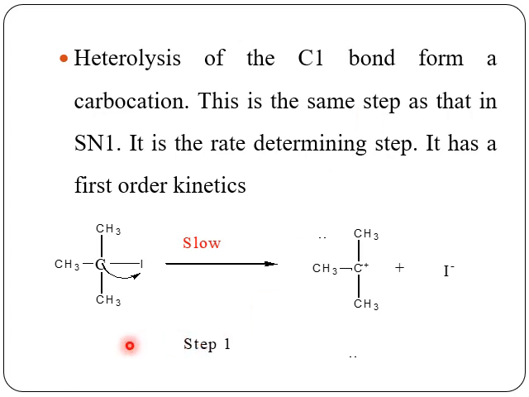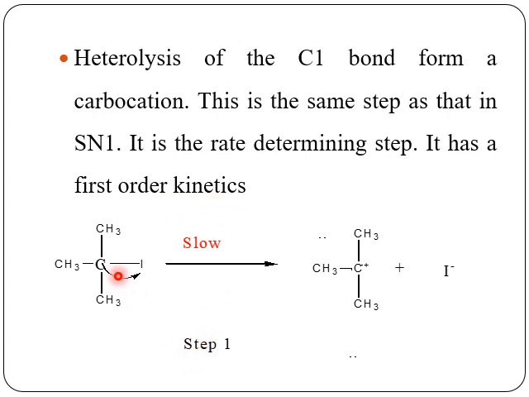This is an alkyl iodide. Heterolysis of the C-I bond forms a carbocation. This is the same step as in SN1. It is the rate determining step and has first order kinetics.